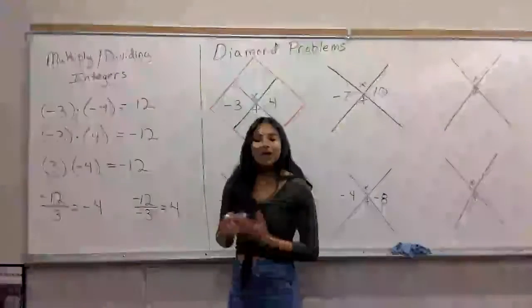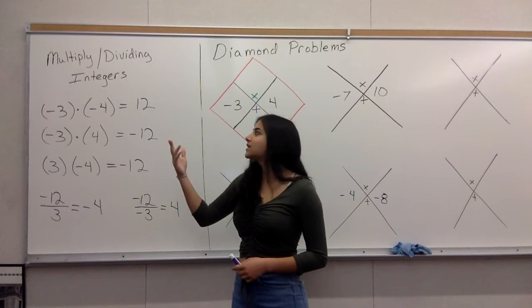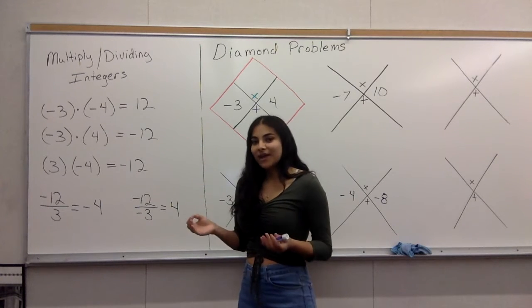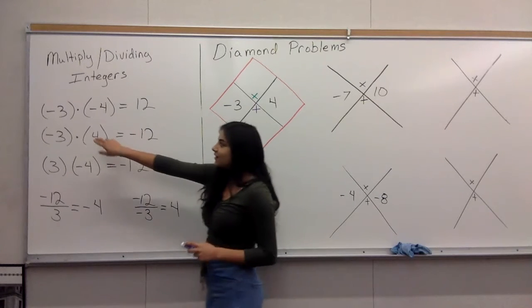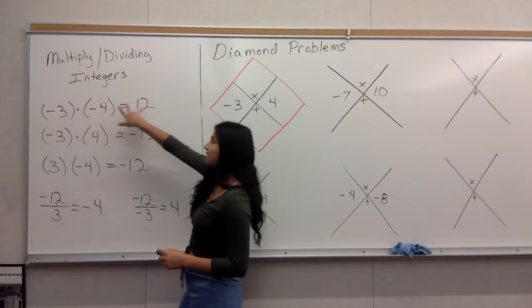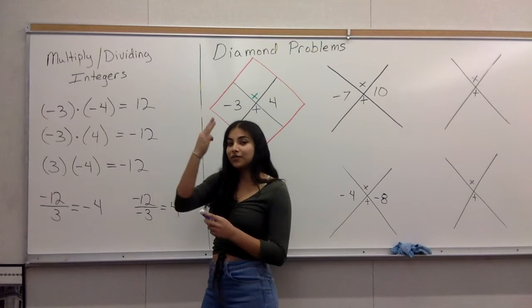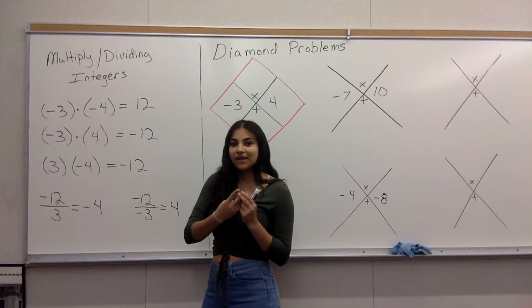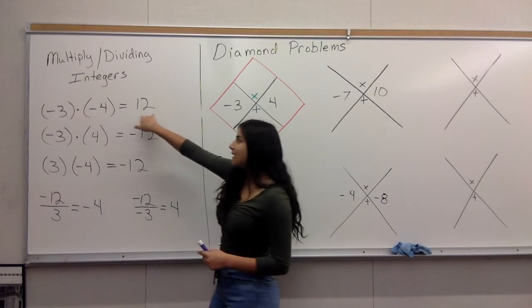Now, when I was learning how to multiply and divide integers, and I was trying to remember all these rules, this is a really weird way that I remembered. If you see here, we have three numbers, 1, 2, 3. What I would always remember is that you have three numbers, but two of them are going to be negative. So right here, we already have the two negatives, so the answer is going to be positive.